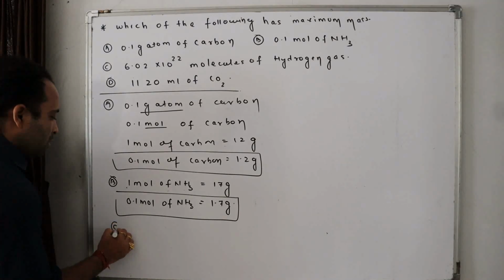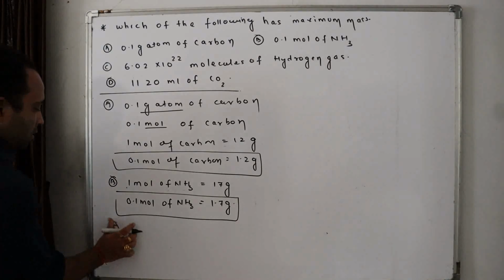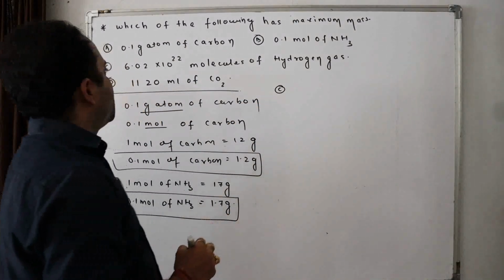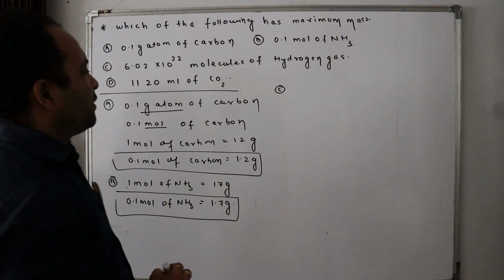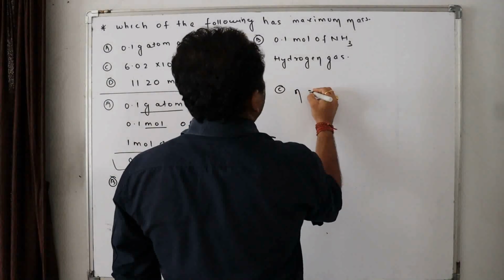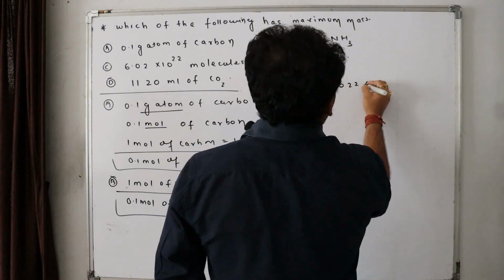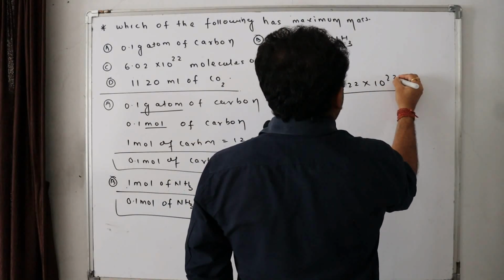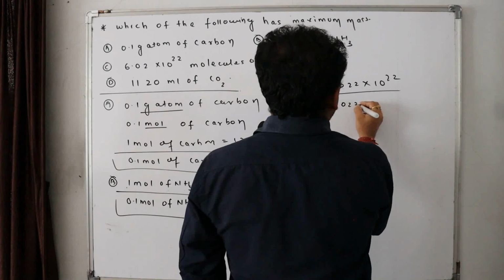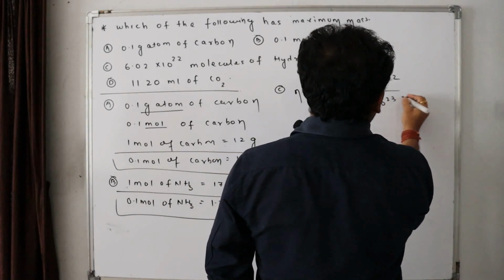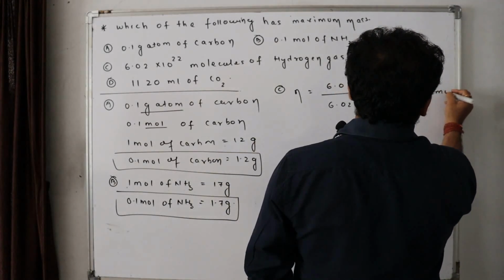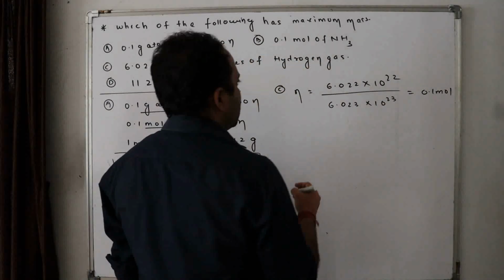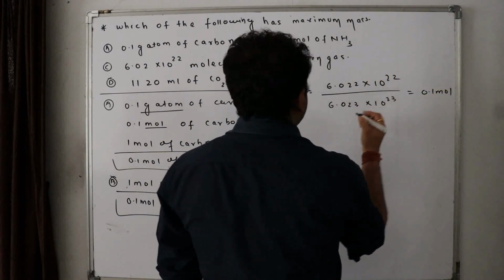Now, option C. Let me do it. 6.022 into 10 to the 22 molecules of hydrogen gas. Now, number of moles: 6.022 into 10 to the power 22 divided by 6.022 into 10 to the power 23, that is equal to 0.1 mole. The number of moles is 0.1 mole.